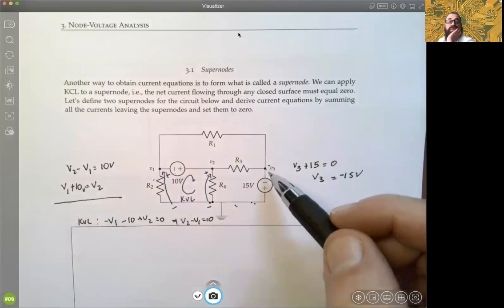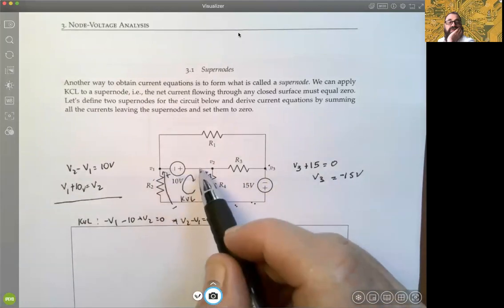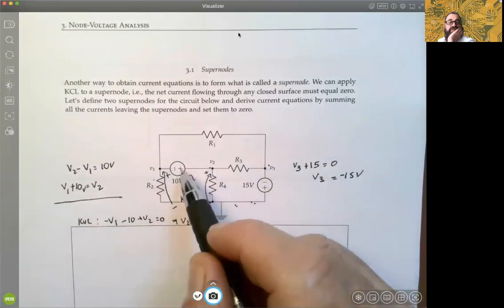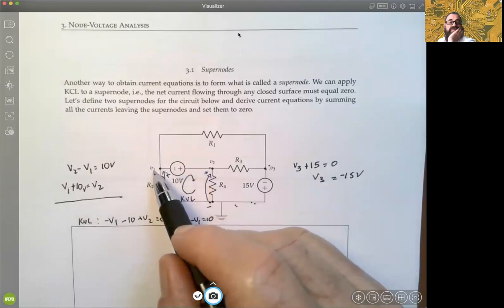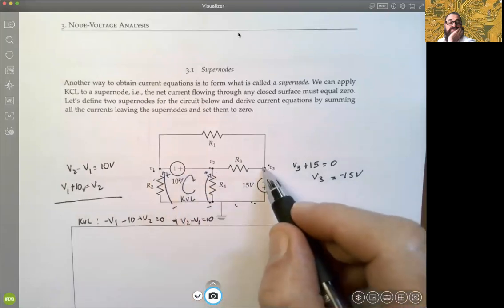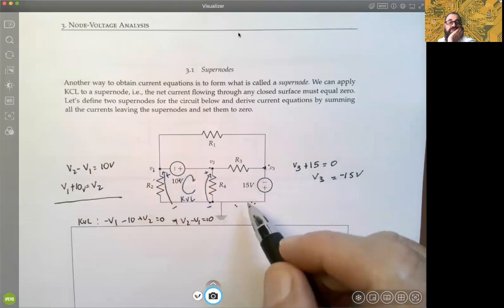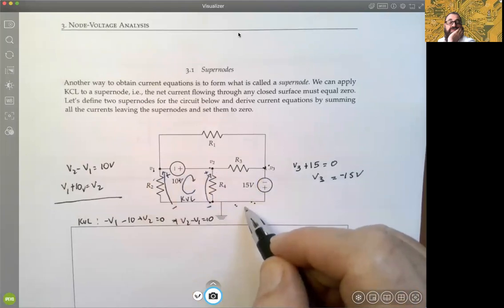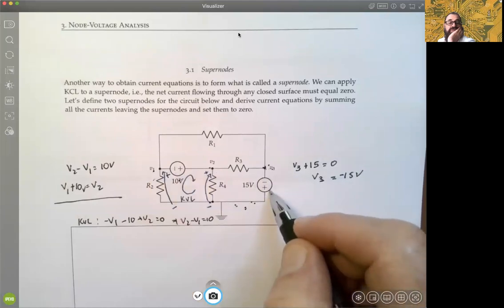I think the idea of going like we did here: think of the destination, subtract where you started, and that must be equal to 15 volts, okay? Starting at this node voltage, you go from V3 to 0, that must be equal to 15 volts, okay?